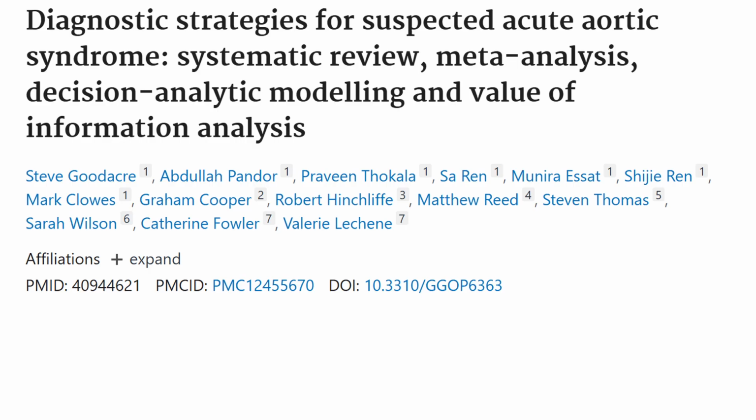Then I fell over this great article here. Diagnostic strategies for suspected acute aortic syndrome: systematic review, meta-analysis, decision analytic modeling, and value of information analysis. And even though it seems like a boring paper, this seems like a really strong paper, one of the strongest in this area, just to get at the question about how many CTs is useful to do for this condition.